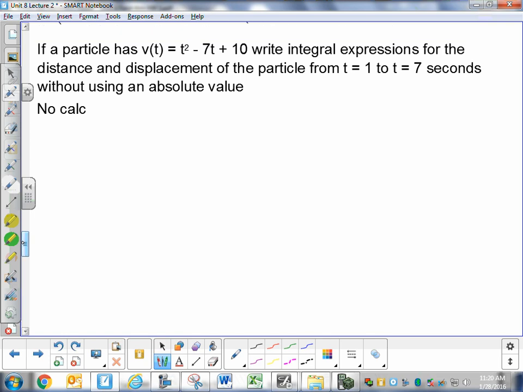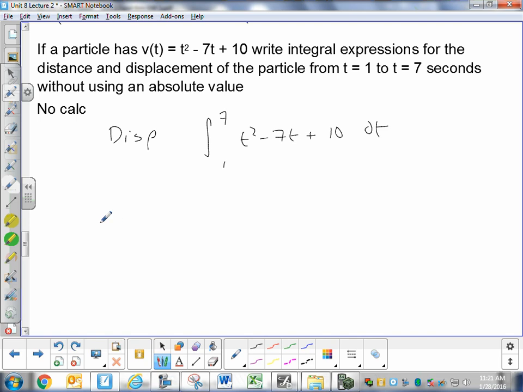Here's a problem you might see. The particle has a velocity of t squared minus 7t plus 10. Just write the integral expressions for the distance and the displacement of the particle between 1 and 7 seconds without using an absolute value. I'll do displacement, you guys do distance. The integral expression for the displacement would just be the integral from 1 to 7 of t squared minus 7t plus 10 dt.